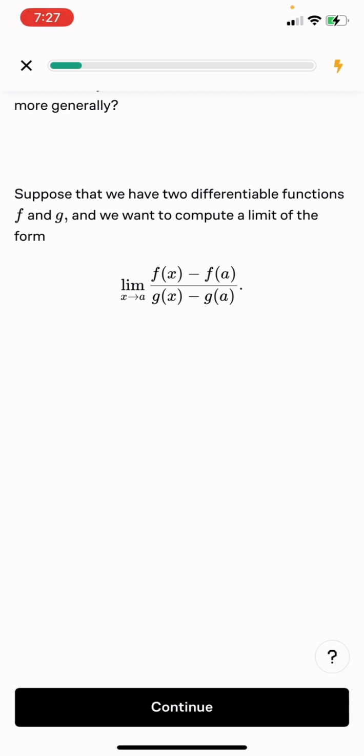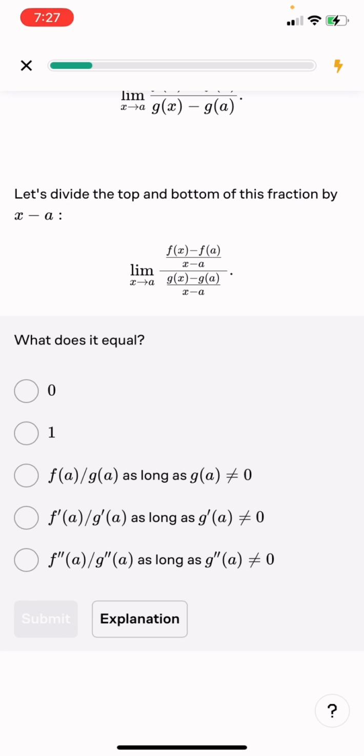Suppose that we have 2 differentiable functions, f and g. We want to compute a limit of the form limit as x approaches a of f(x) minus f(a) over g(x) minus g(a). Divide the top and bottom of this fraction by x minus a. f(x) minus f(a) over x minus a, over g(x) minus g(a) over x minus a. What does this equal?